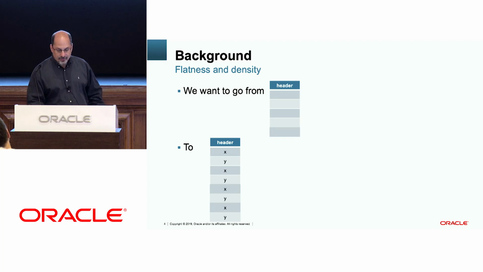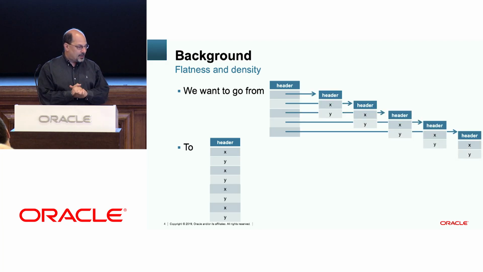From the perspective of what we want to have happen in memory, if you have an array of XY point objects, what you get today is an array which is an object with a header, and its contents are pointers, and those pointers point to other objects with headers. And your XY data is strewn all over memory according to the whim of the garbage collector, and you're not going to get good density because you're paying all of this overhead for object headers and pointers, and you're not going to get good locality.